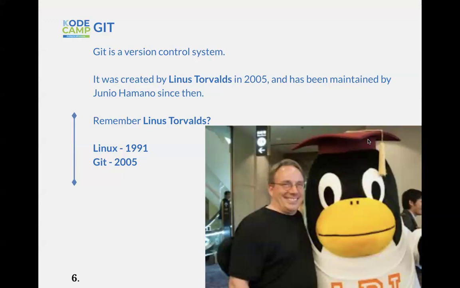It's one of the most popular version control systems in use in our modern time. Git was also created by Linus Torvalds, if we remember him from our Linux lectures. He's also the engineer that created Linux. So he also created Git in 2005 as a version control system to manage code. And coincidentally, you can find the source code of Linux also being managed on Git.